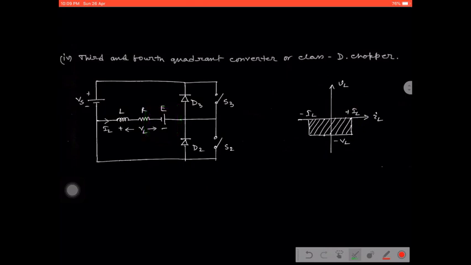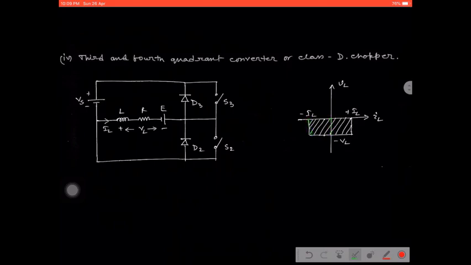So what happened? A similar operation can be done here. Suppose when S3 is on, then the current starts flowing through this direction in this way. That means the current direction is opposite with respect to the reference, left hand side to right hand side. Now the current is flowing from right hand side to left hand side. That means it will cover the negative current. So it will cover the third quadrant operation, as the voltage is negative and the current is negative.